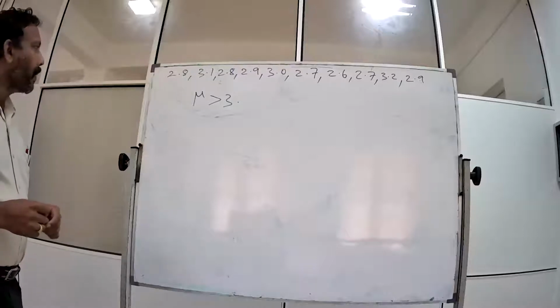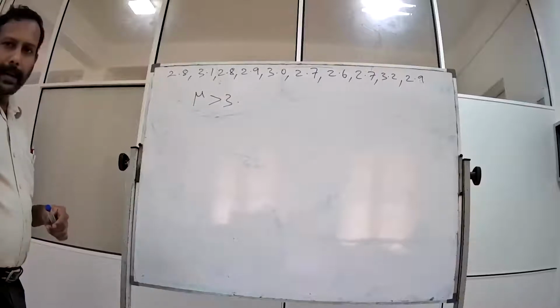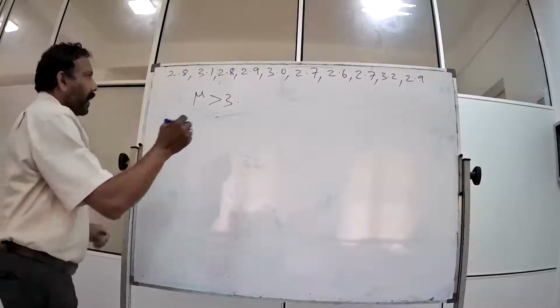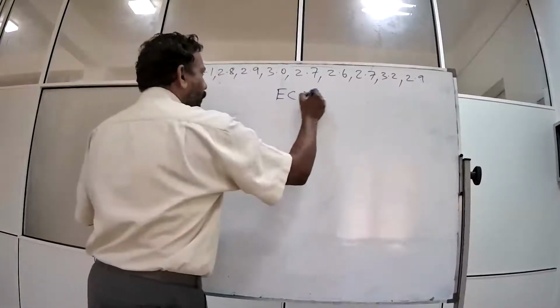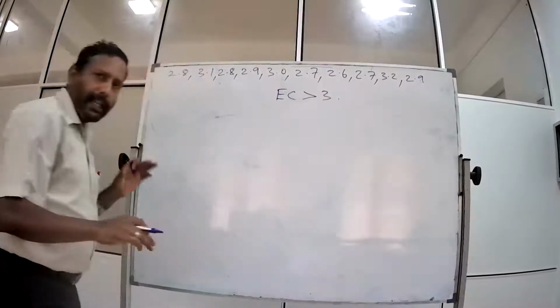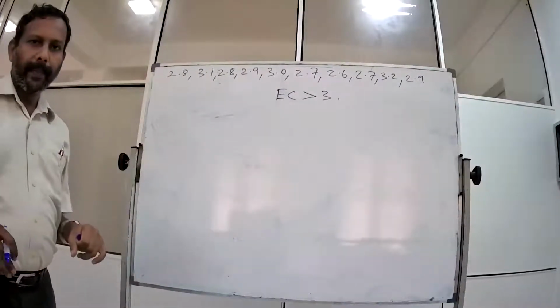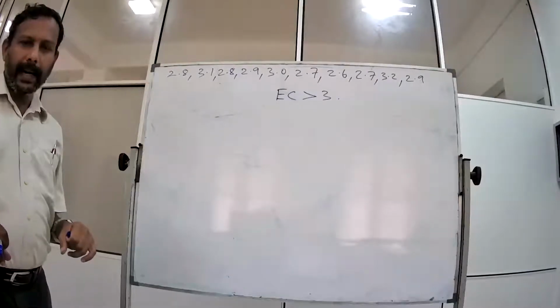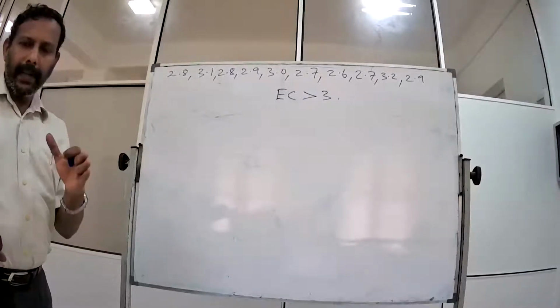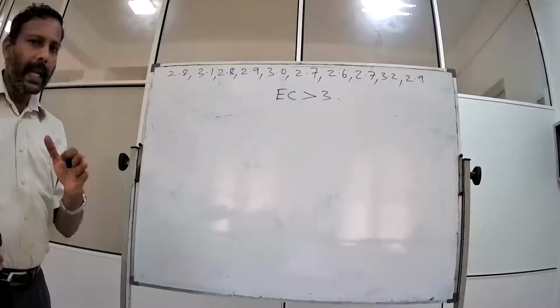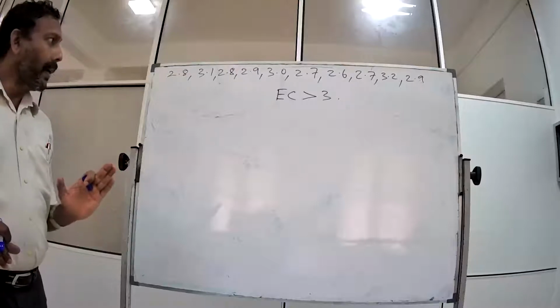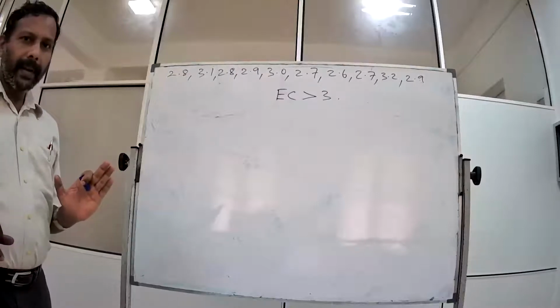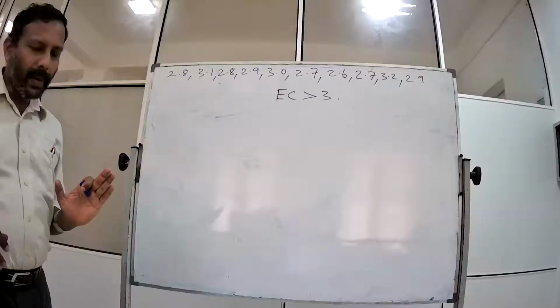Normally there is a statement: if the EC is more than 3, then this water cannot be used for irrigation. Is it clear? Any questions?